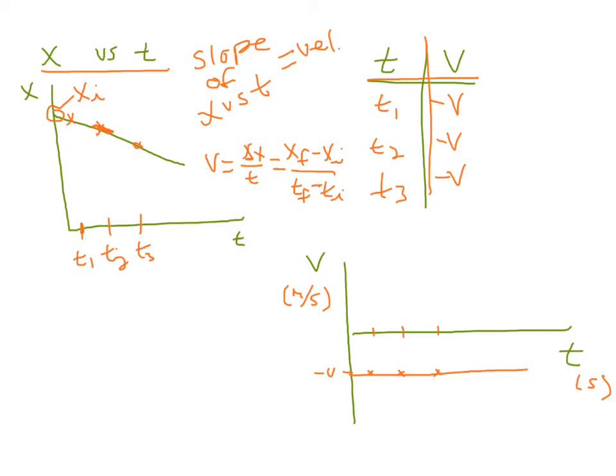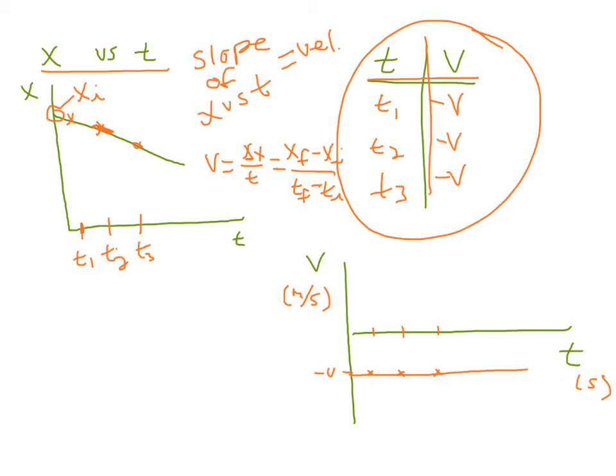So this v versus t graph fits rather nicely. It's something we could come up with relatively easily based on our discussion, but it's good to understand this idea of collecting the data and using the position versus time graph to help us come up with the v versus t graph.